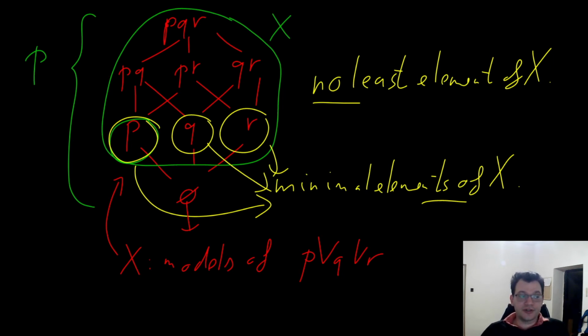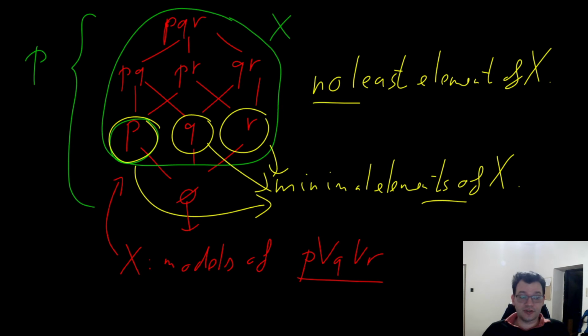But all the other members of this X set assign at least one variable to 1, true, so this function will be evaluated to 1. So each of these 7 assignments is a model of this formula here.